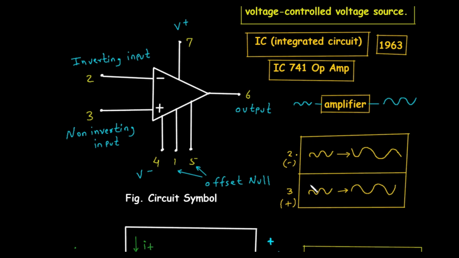Then for this pin number 3, which is the non-inverting input, the input and output are both in phase. So a sine wave going into the non-inverting input, this plus sign, comes out amplified and the right way up. So we are getting the amplified signal which is in phase.